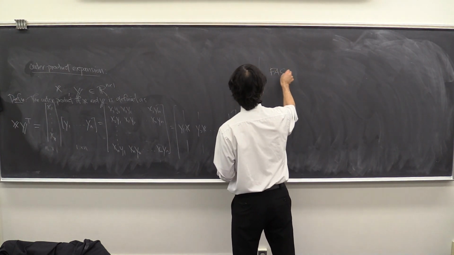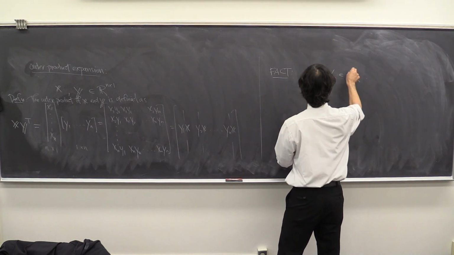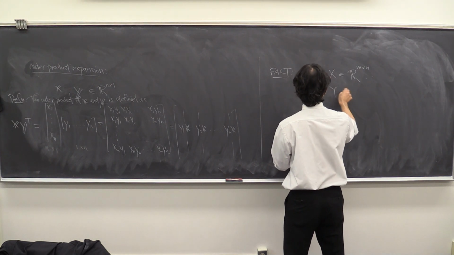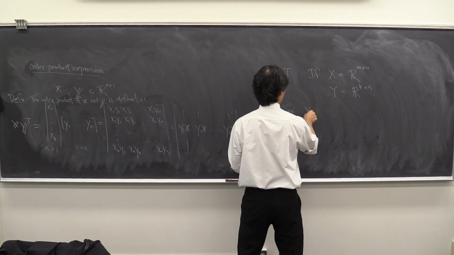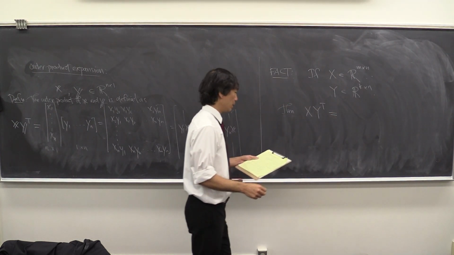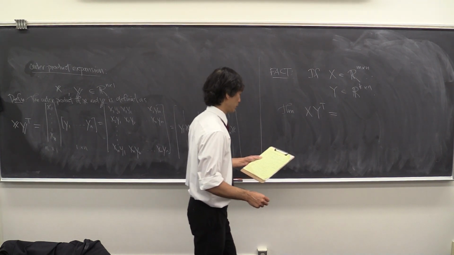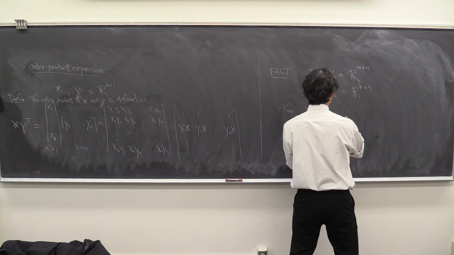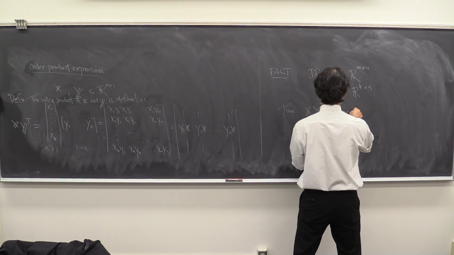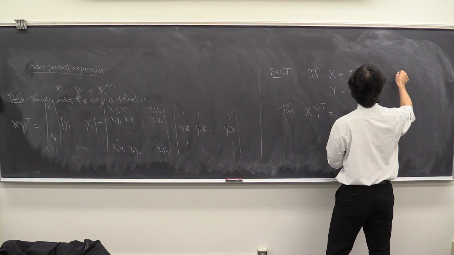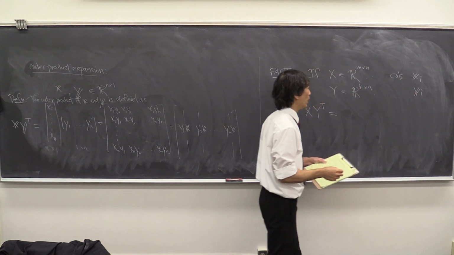Now I'm just going to put down a fact. If you have an m by n matrix X and a k by n matrix Y, then when you take the product X times Y transpose, as usual, we'll denote the columns of X as xi and the columns of Y as yi.